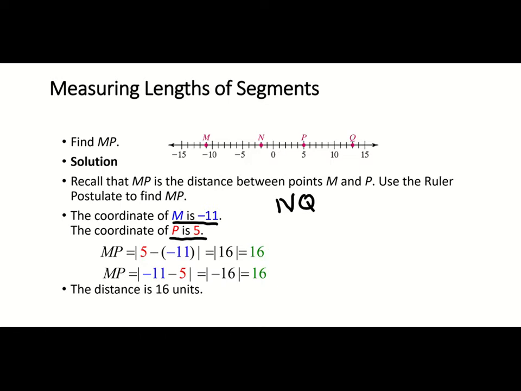All right, so hopefully you paused the video, you took a second, you found the distance between N and Q. First, we have to assign values. If I look on my number line, N on the number line is represented by -2, and Q on the number line is represented by 13.